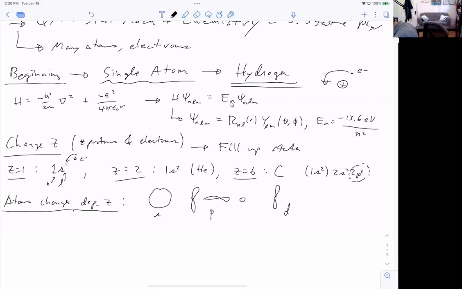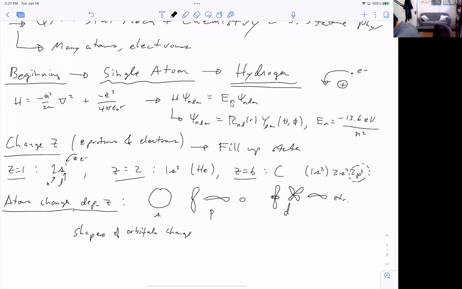They've got these funky shapes. You guys remember them from your quantum mechanics. We've got all these different shapes for the d orbitals, etc. And so the point is that the atoms have different behavior because the shapes of orbitals change.